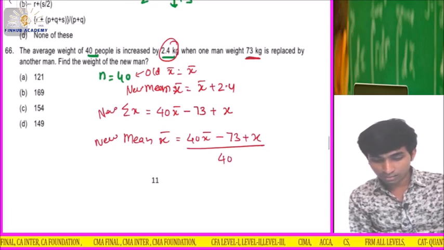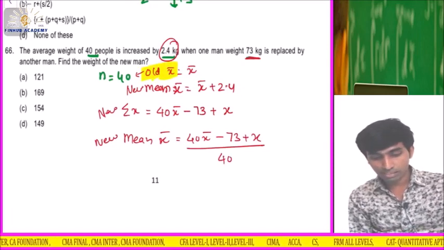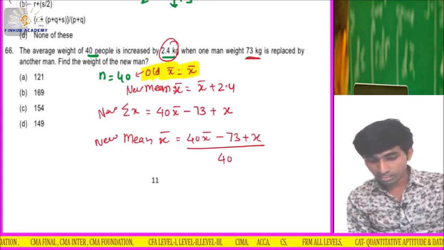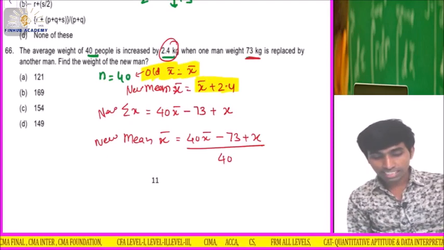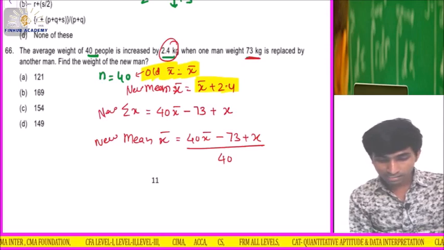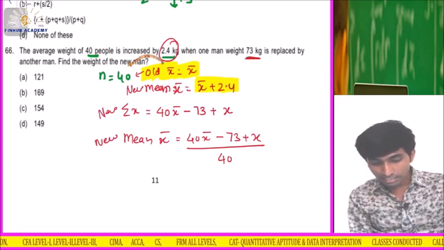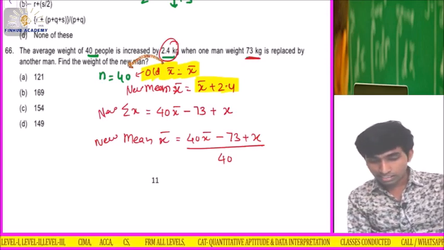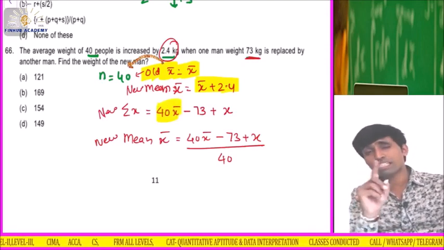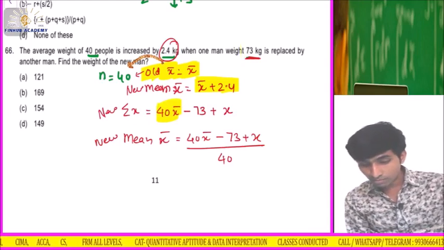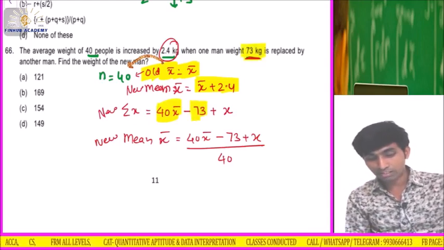Please understand, satisfy yourself. Old mean was x bar, I assumed it x bar. New mean is what? x bar plus 2.4, correct? n is how much? n is 40, n is still the same. So if I multiply 40 into x bar, I will get the summation x, that is old. I replaced a person of 73 with x.